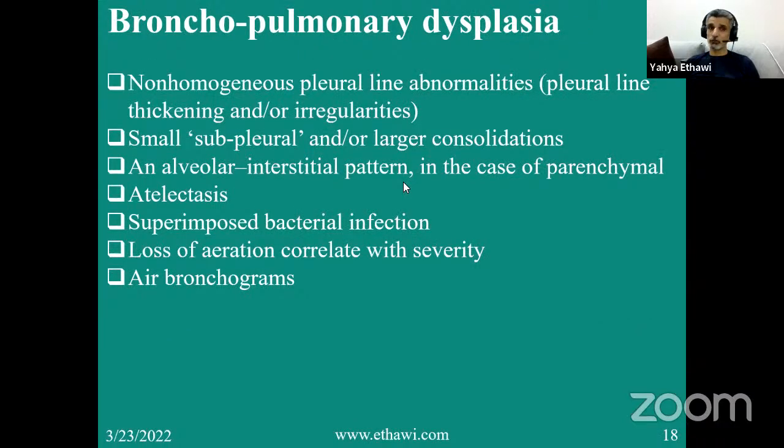Okay, now we will go to bronchopulmonary dysplasia. As you know, bronchopulmonary dysplasia is of two types, the old and the new. The old is the respiratory impairment, and because of the advance of care, we start to see a new one, which is mainly vascular. So when we are talking about bronchopulmonary dysplasia, we are talking about the old one, or the involvement of the lung.